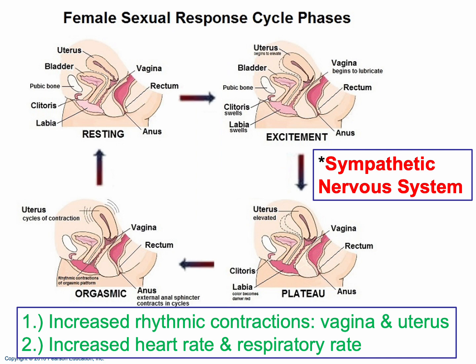We now take a look at the events controlled by the sympathetic nervous system. So when the woman reaches the overall climax during the sexual encounter and reaches orgasm, there will be a significant increase in rhythmic contractions of the vagina and also of the uterus during the climax.